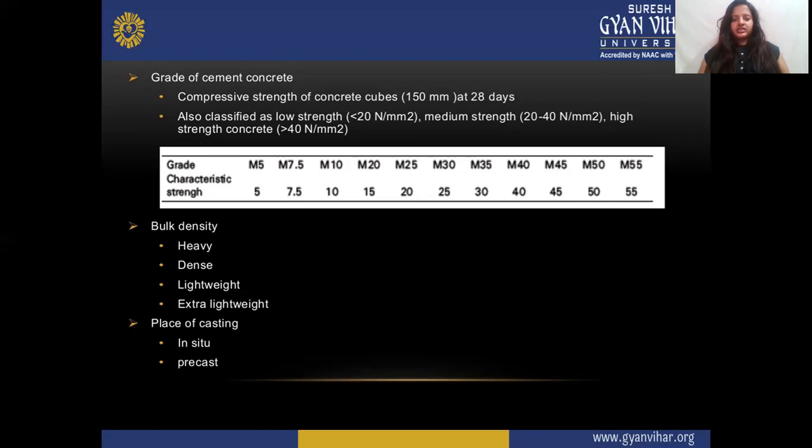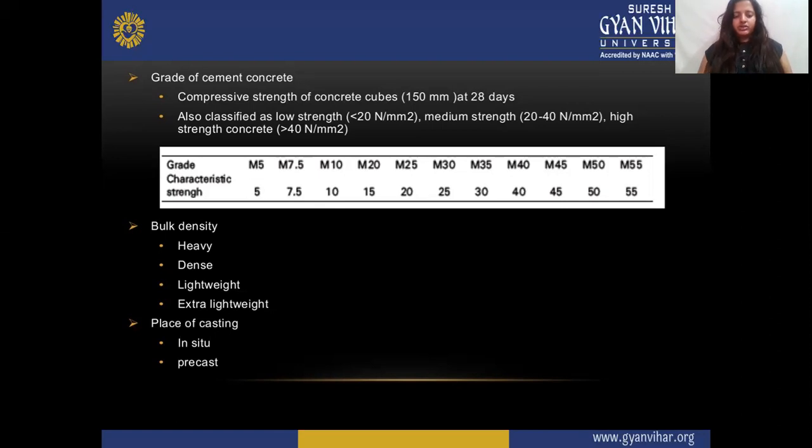The characteristic strengths are 5 kilonewton per mm square, 7.5, 10, 15, 20, 25, 30, 40, 45, 50, and 55, respectively named M5 to M55. And talking about the bulk density, there are different criteria: heavy, dense, lightweight, and extra lightweight.